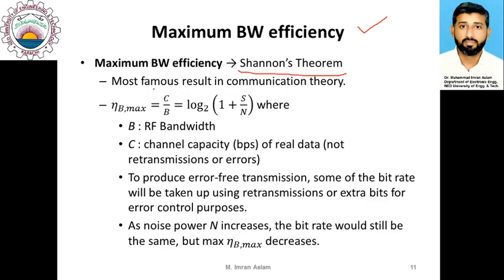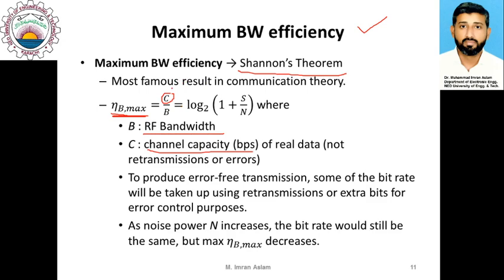It is the most famous result in communication theory, which says that the maximum channel capacity is C = B log to the base 2 of (1 + SNR). Here, C is the channel capacity in bits per second, and B is the RF bandwidth, of course in hertz.